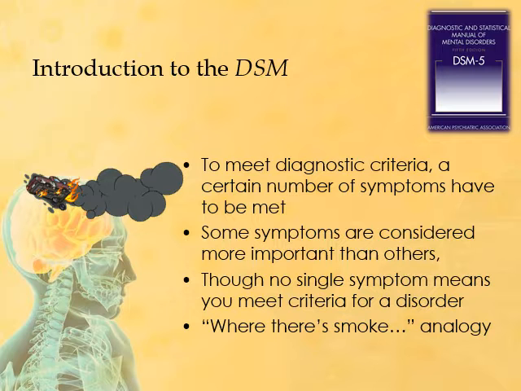It's almost as if that major marker is a kind of, when there's smoke there's fire analogy. It's kind of like a prompt for you to find out more information, to do a fuller assessment to make sure that the person meets the criteria for that disorder or not. So it gives you a clue that you may want to assess for a disorder further, but a single symptom does not meet full criteria for a disorder.